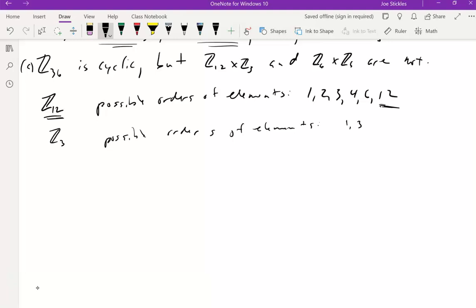What do you need to be true about the element in Z12 that has to have order 12? Okay, 1 certainly works, right? Give me another element that has order 12.